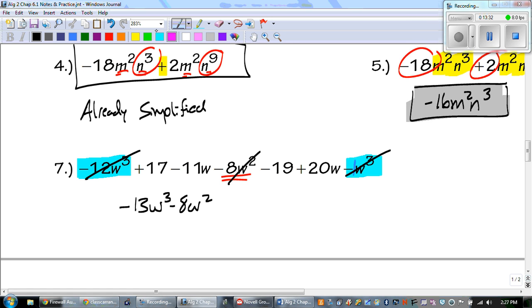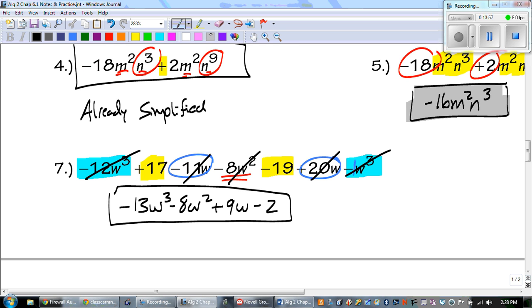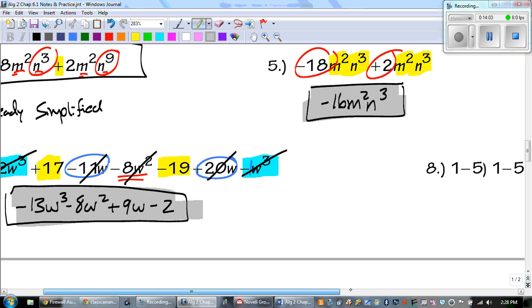Okay, so the next one I'm going to look for is just a w, and I have negative 11 plus 20, I get 9w. Took care of those. And the ones that are left, I have 17 minus 19, which is negative 2.